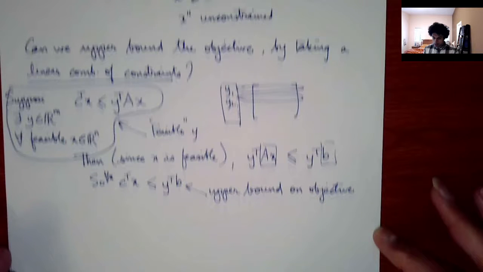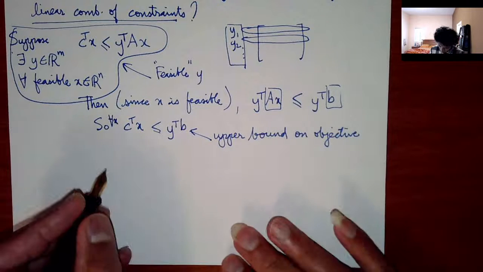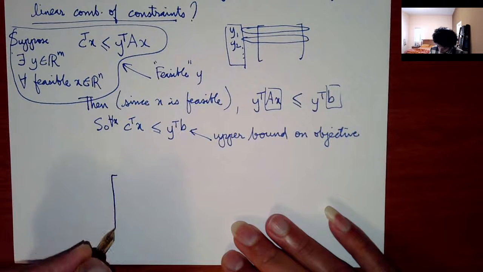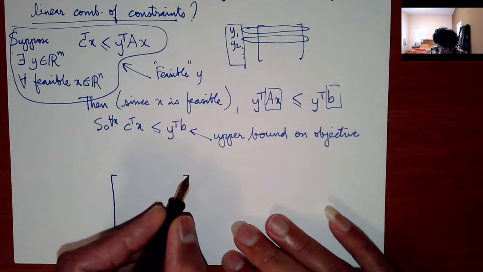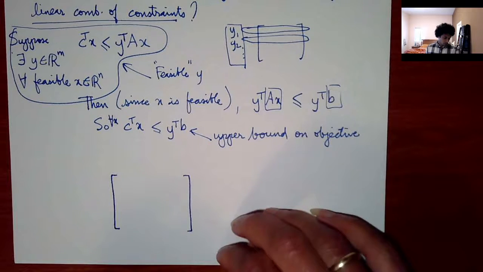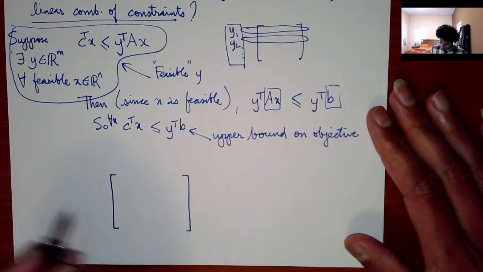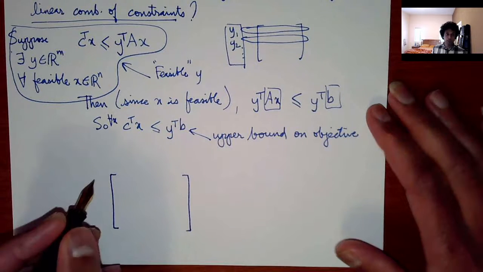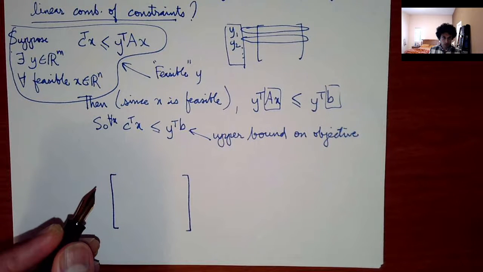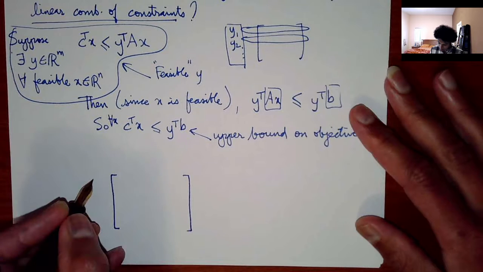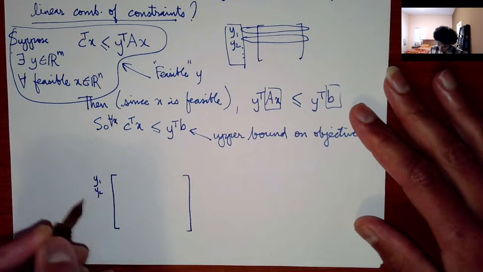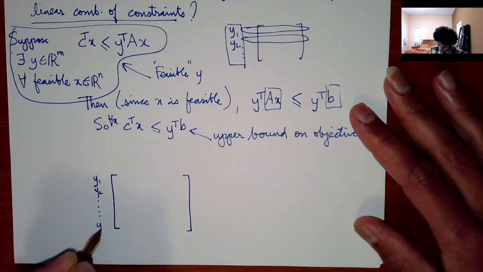Alright, so let's now get into the math. I'm going to write out this matrix again. This is A, your constraint matrix. What we're going to do is multiply each constraint by a new variable, a dual variable. So this is y1, y2 up to yn.